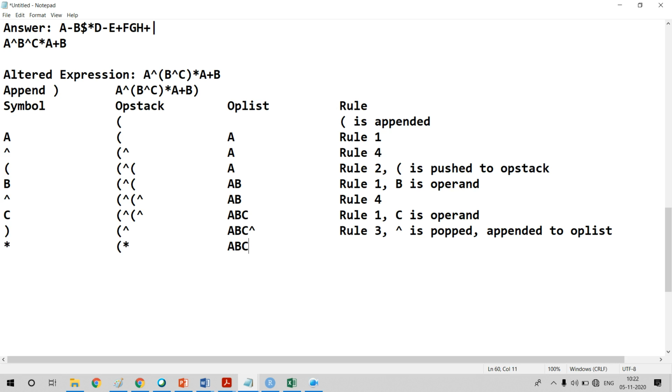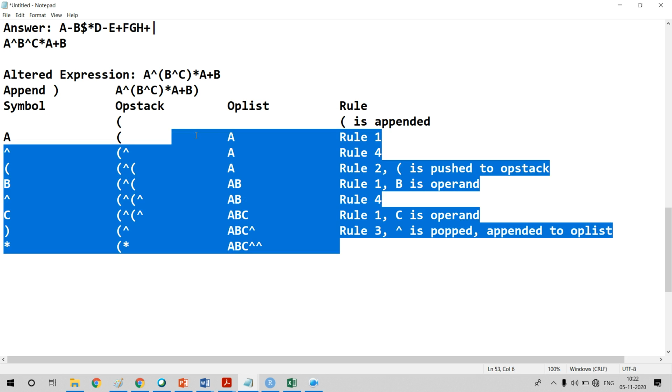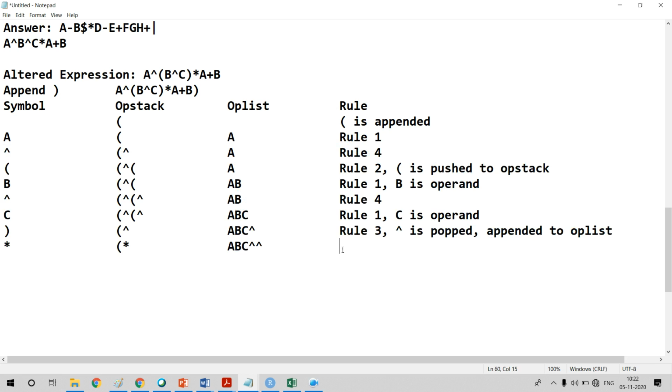So ABC power. The rule 4 says higher or equal precedence must be removed. Power is of higher precedence.